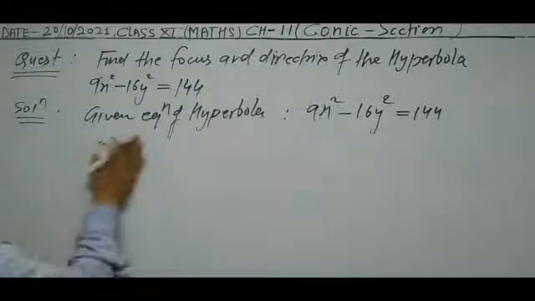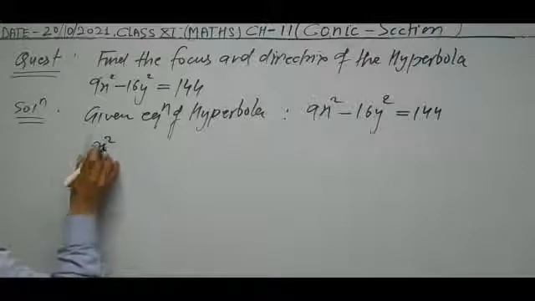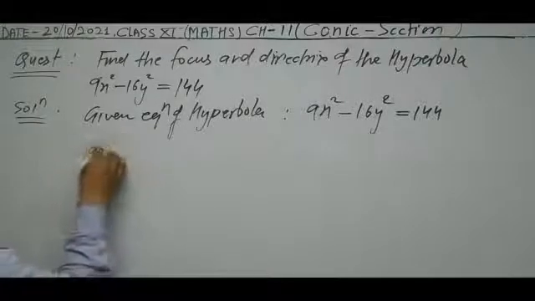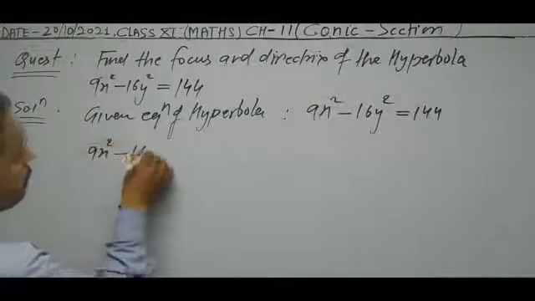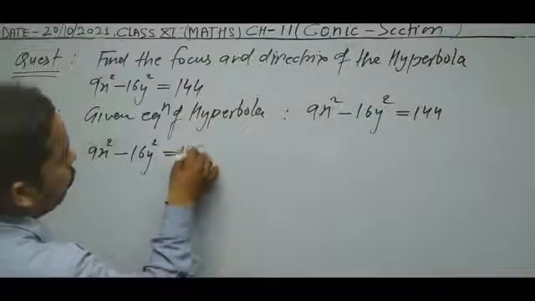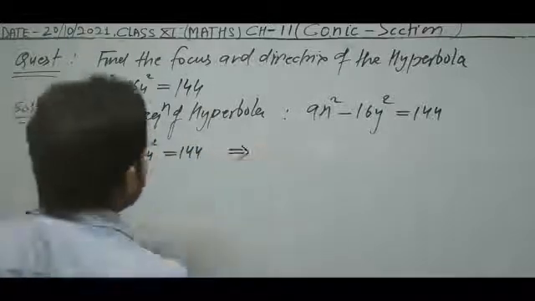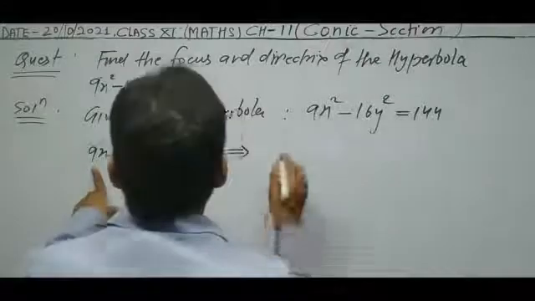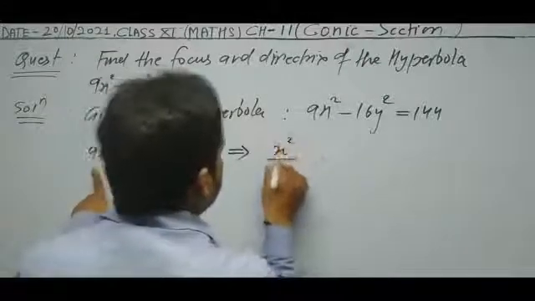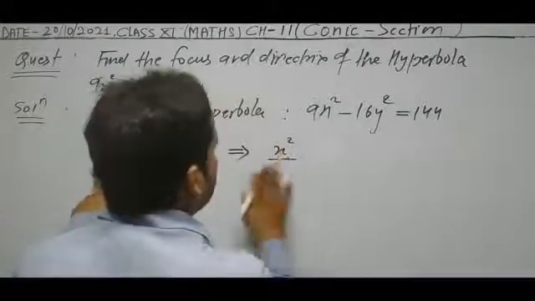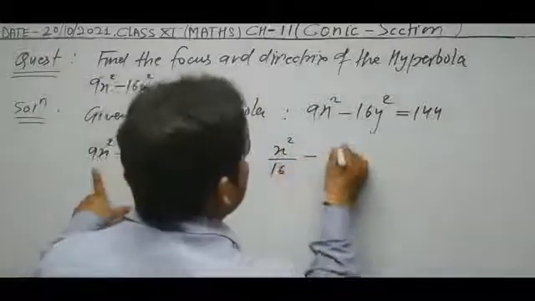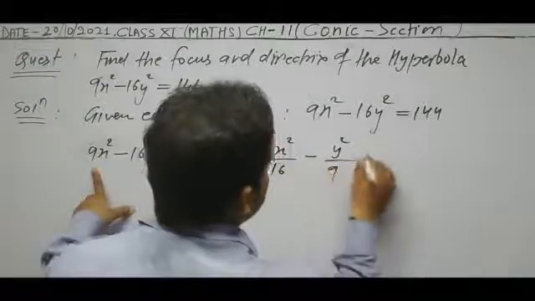This implies this hyperbola we can write x square by 16 minus y square by 9 is equal to 1.